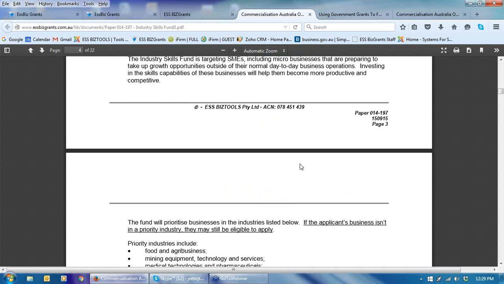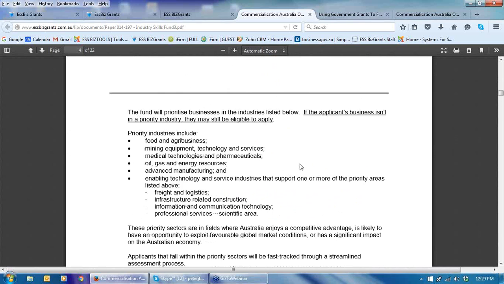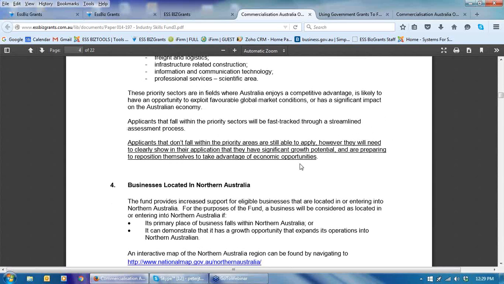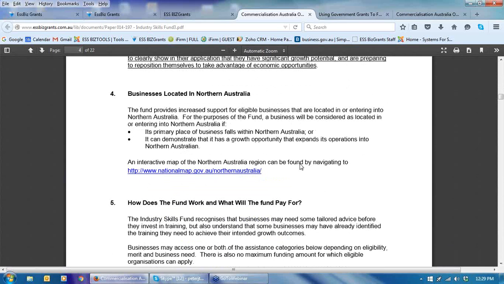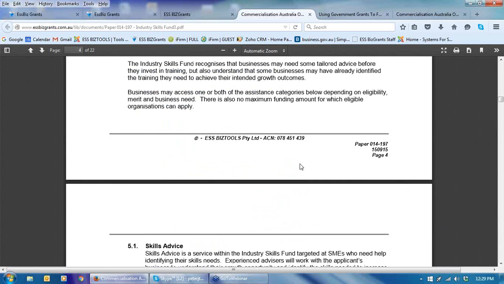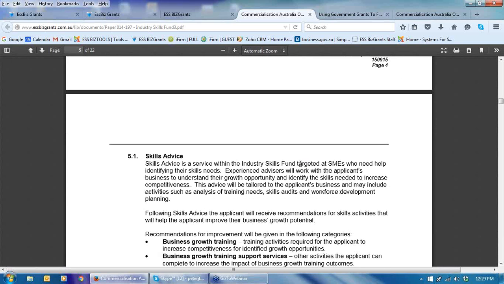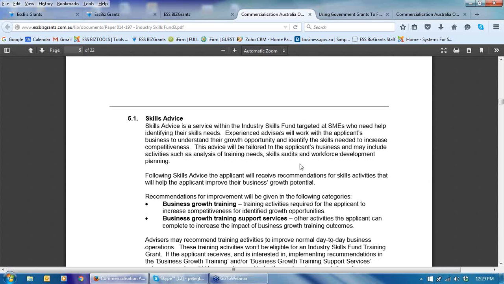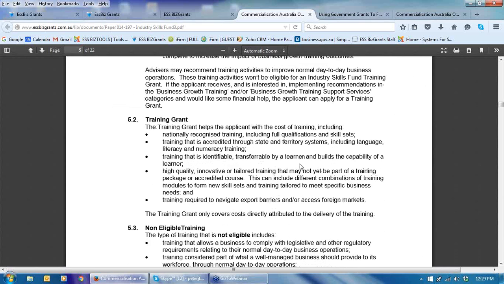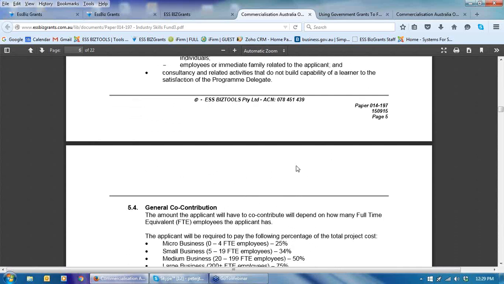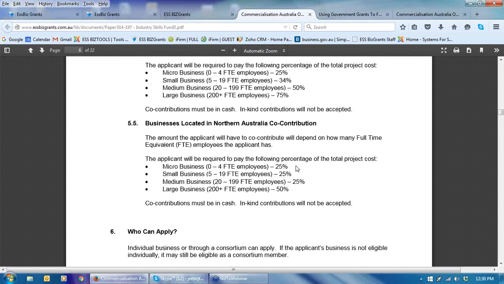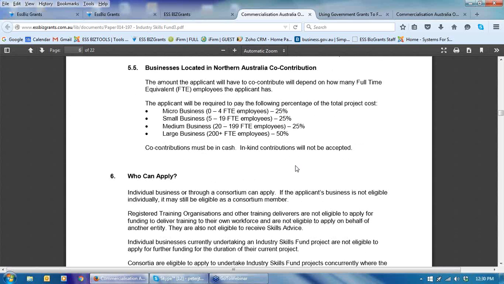Businesses must be going for growth to apply for this grant, because they must be able to identify that the skills improvement will improve their operations in a particular area. So as you can see, there's a detailed paper there which we've produced, which will take you through how this grant operates.